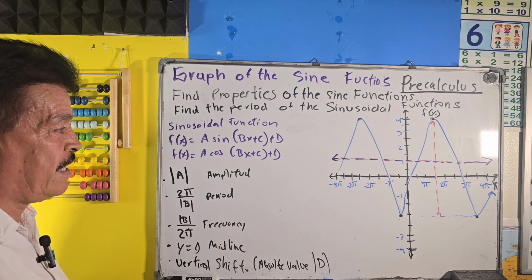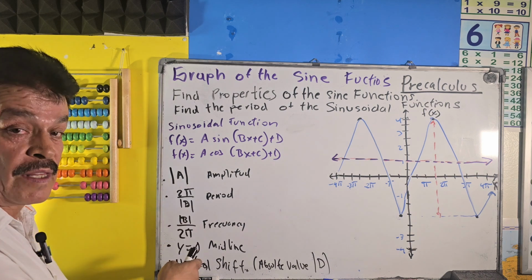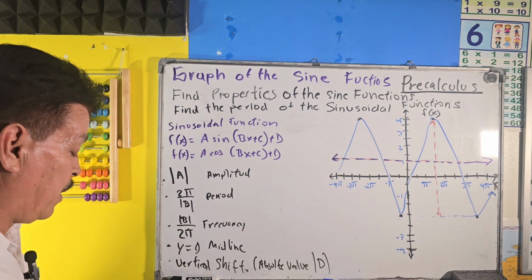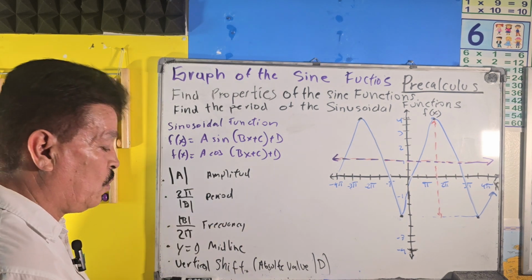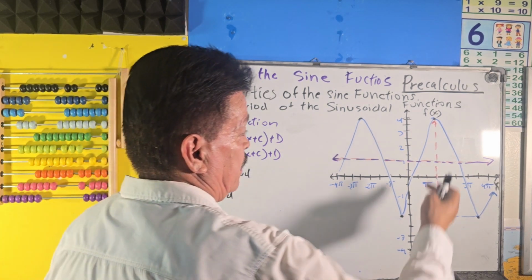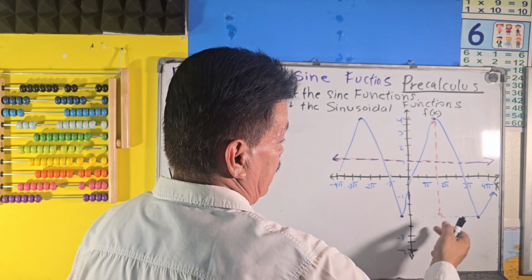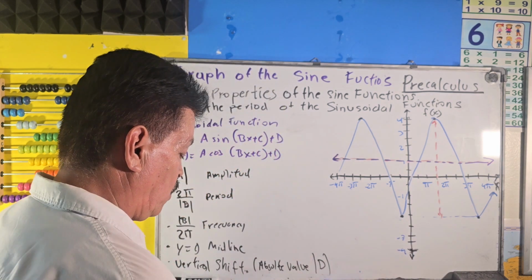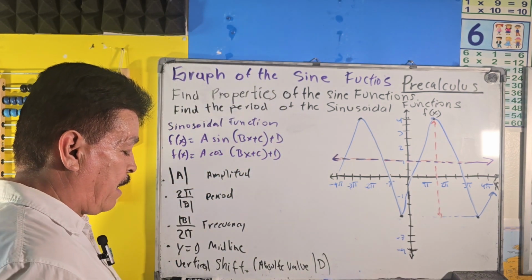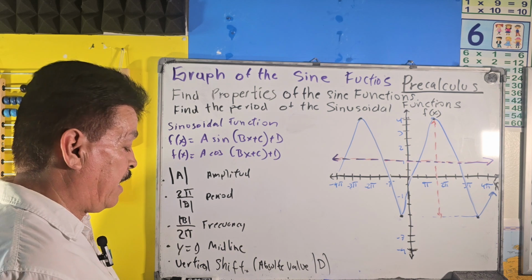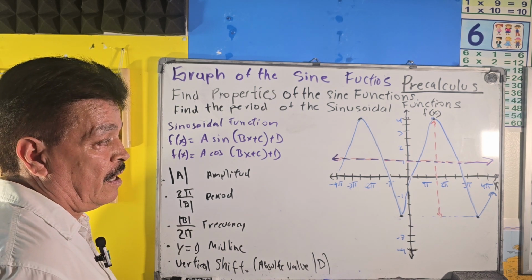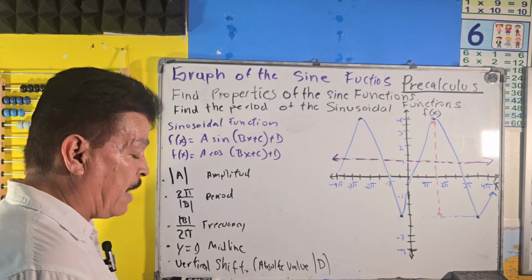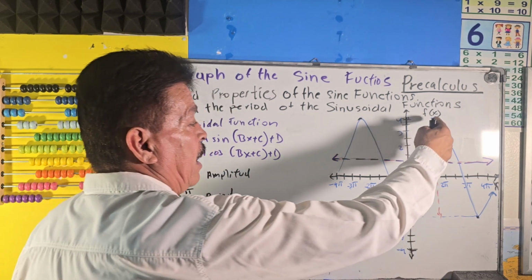But how do all these characteristics look in the graph? The first one, the amplitude, is this line. The amplitude is half the vertical distance in the graph from the maximum to the minimum.